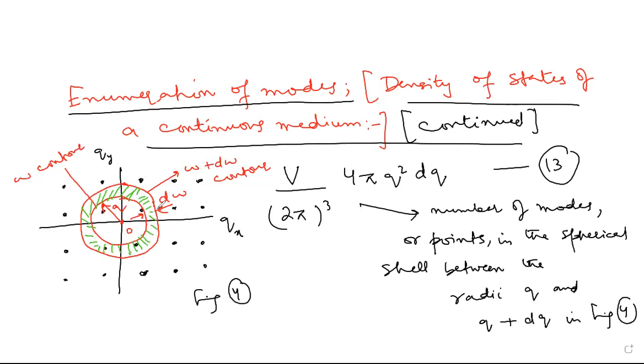The shaded circular shell is used for counting the modes. So this was our figure: the omega contour and the omega plus d omega contour.